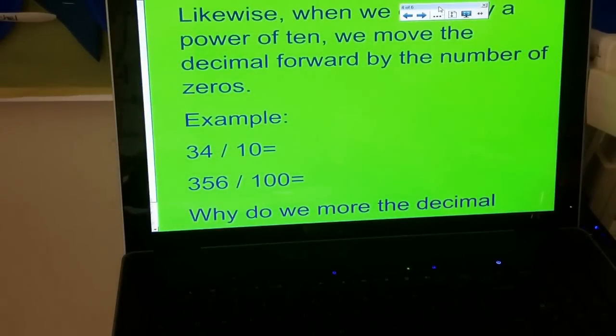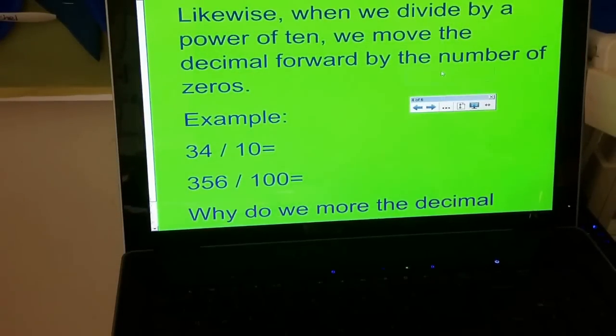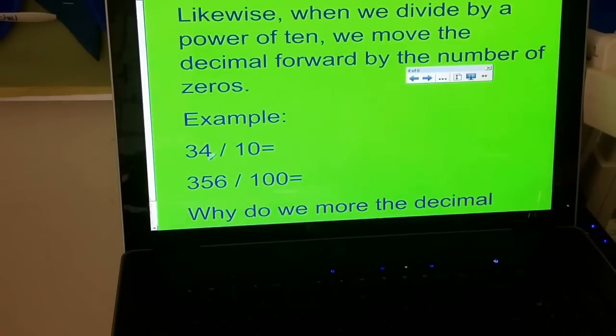Likewise, when you divide by a power of 10, you'll be moving the decimal place forward by the number of zeros. This sign right here we talked about in class is actually a division sign. So here we have 34 divided by 10. So again, I'm going to place my decimal point there so I know where to move it.